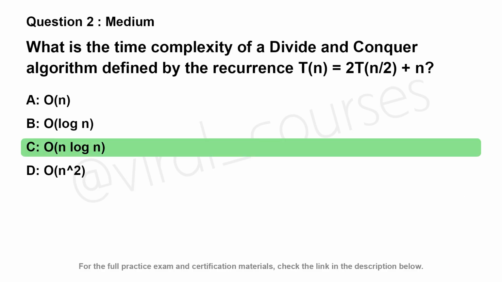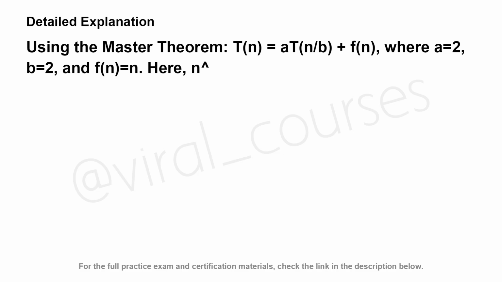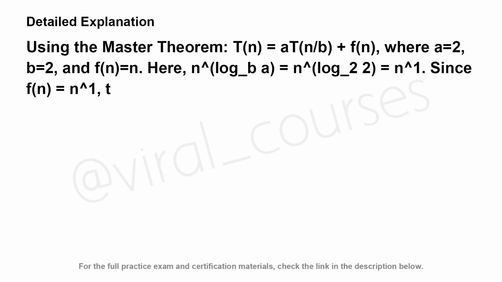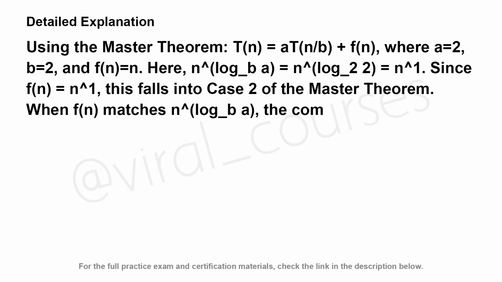The correct answer is C. Using the Master Theorem, T(N) equals aT(N/b) plus f(N), where a equals 2, b equals 2, and f(N) equals N. Here, N^(log_b a) equals N^(log_2 2), equals N^1. Since f(N) equals N^1, this falls into case 2 of the Master Theorem.